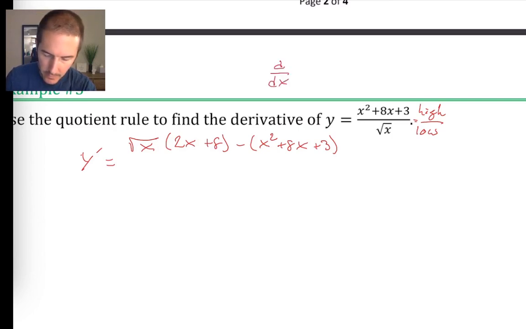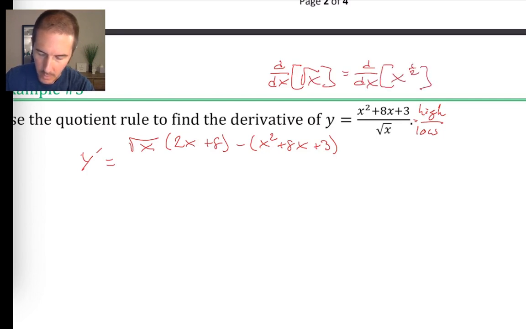The derivative with respect to x of the square root of x is the same as taking the derivative with respect to x of x to the 1/2 power. In order to take the derivative of x to the 1/2 power, we take the existing exponent and multiply it by the coefficient, which is a 1 in this case. So 1/2 times 1 is 1/2. Keep the variable, decrease the exponent by 1. 1/2 minus 1 is negative 1/2.